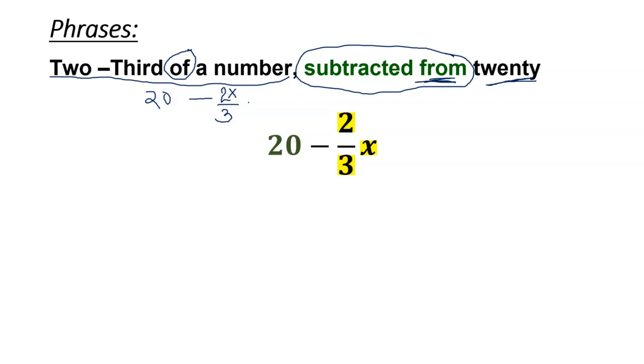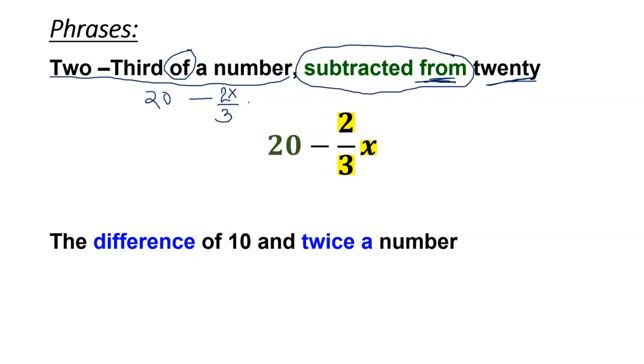Let's look at another example. The difference of 10 and twice a number. Now, whenever the phrase difference is used, we will keep the same order. Meaning I'm going to write the 10 first, and then I'm going to use my subtraction sign, and then I will write twice a number. Twice a number means you're multiplying a number by 2.